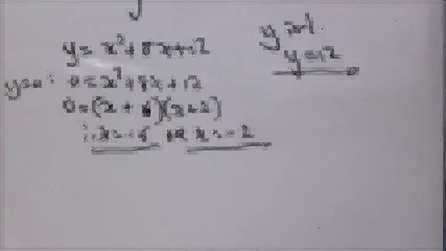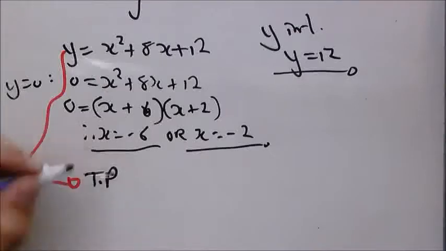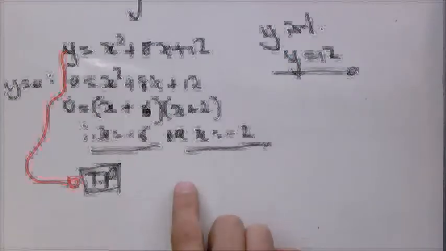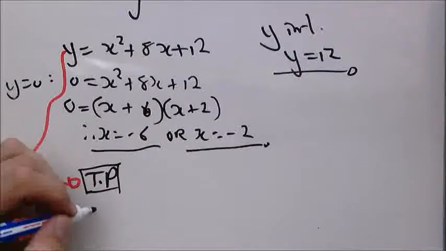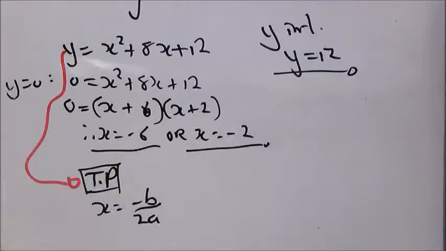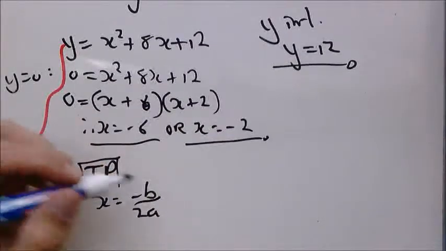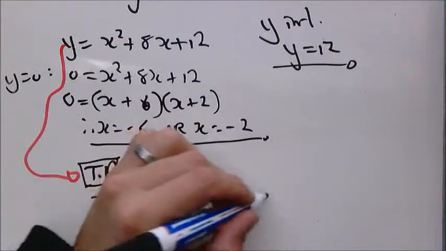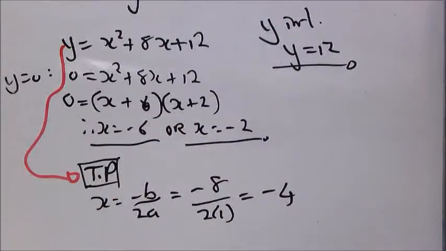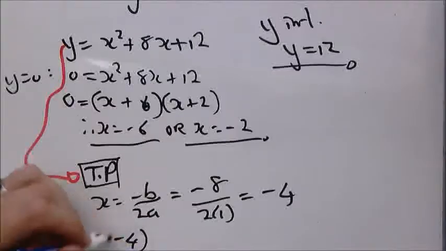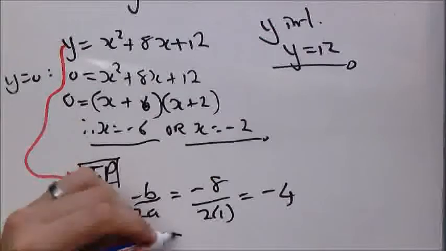Now we work from here and say, for our turning point, please write it out. This is just for me explaining, but you have to write it out when answering. x equals minus b over 2a, and this will be equal to minus 8 over 2 times 1, so it's negative 4. Now we can calculate y when negative 4 is the value of x.